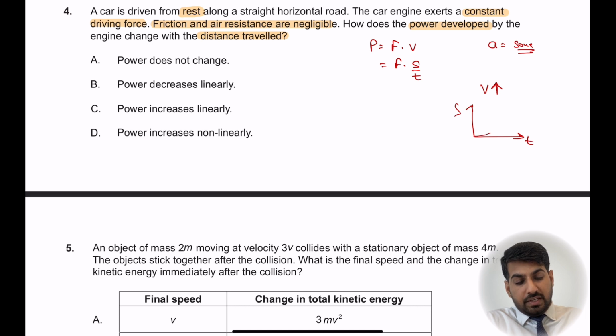It will be like this. So power versus displacement will also be non-linear. It is not linear, guys. Acceleration is there, velocity will increase, so displacement will not be linear with respect to time. It will be of a curved nature. So option D is the right answer.